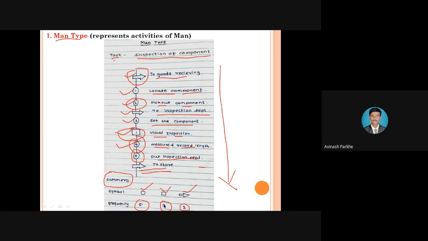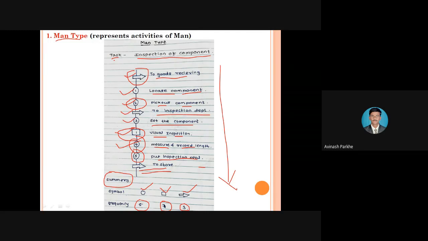All the operations performed by the man are represented by using this chart. All the inspections performed are also represented by using the same chart. All the transports, man moving from one location to another location, those activities are also represented by using this chart. Therefore this chart is called a man type of flow process chart.